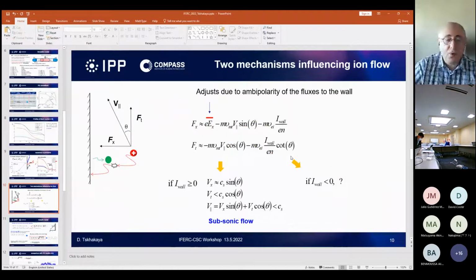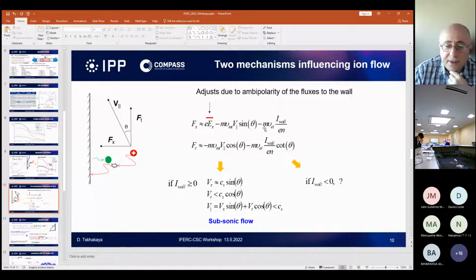Now, the question is why this is happening. Let's explain this physically. If you consider an ion moving near the wall, we can consider two projections, normal to the wall and tangential to the wall. The force along the normal to the wall has three components. One is the electric force, and the other two are the friction with neutrals and the friction between electrons and ions.